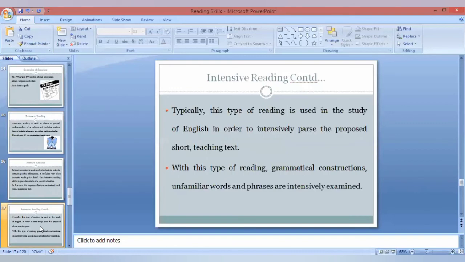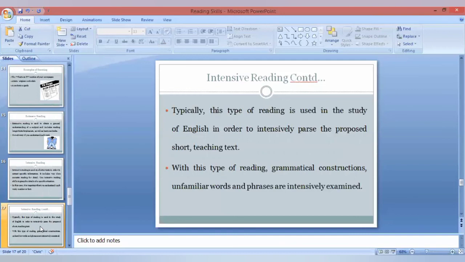So you will have to read it in a very careful manner, so as to identify different parts of speech, their functions in the sentence, and you will also have to see what different clauses and phrases are used in it.